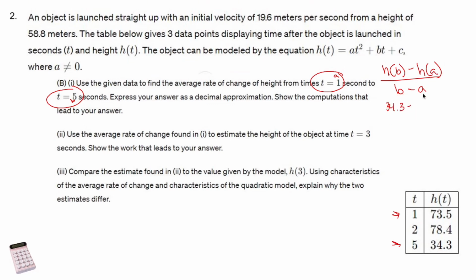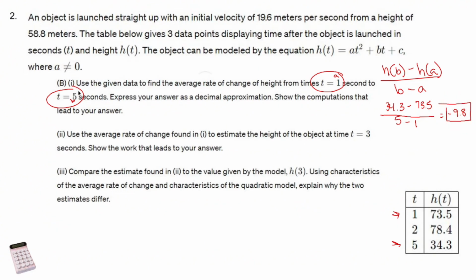H of a would be the same as h of 1, which is 73.5. And that's going to be over 5 minus 1, so over 4. Now, I'm not going to waste time going to a calculator and trying to find out what that is. I'm just going to wave my hands and tell you right now it's negative 9.8. Let's just leave it at that.